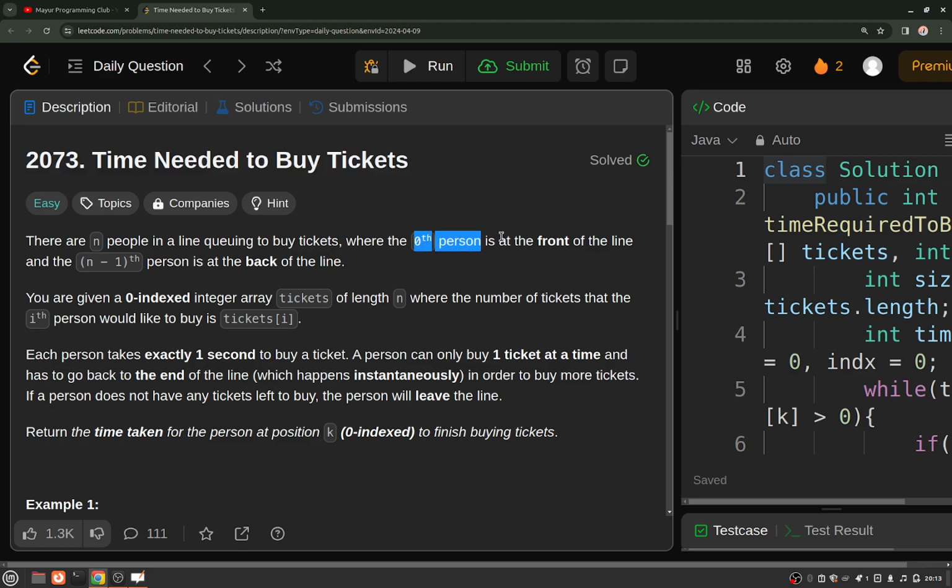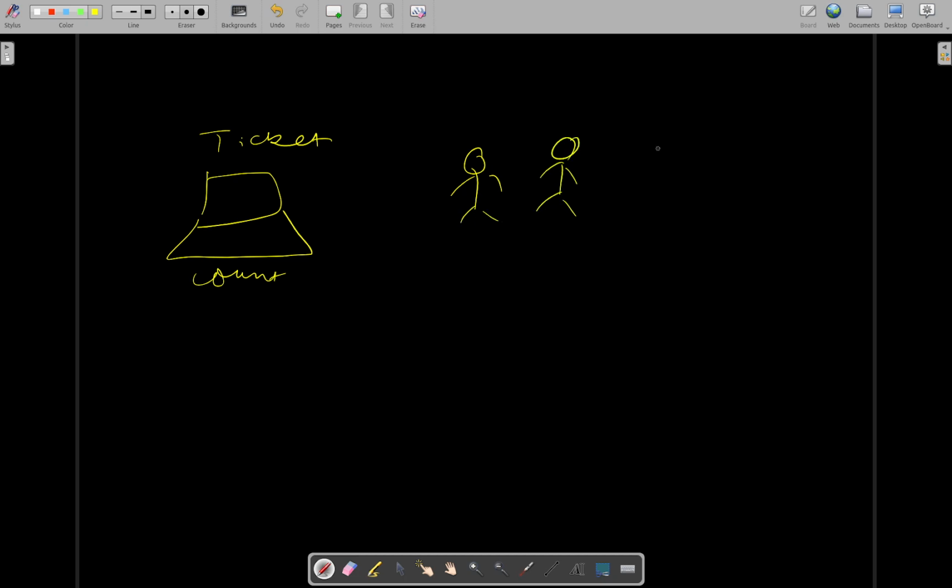The 0th person is in the front of the line and the n minus 1th person is in the back of the line. So the situation is like this. This is, let's say, the ticket counter, and then there are some people standing in a queue to buy tickets.